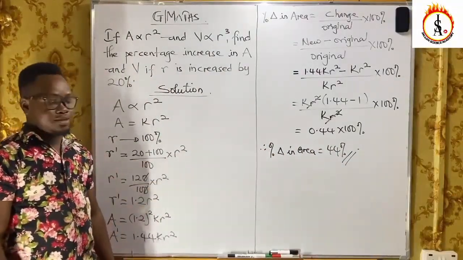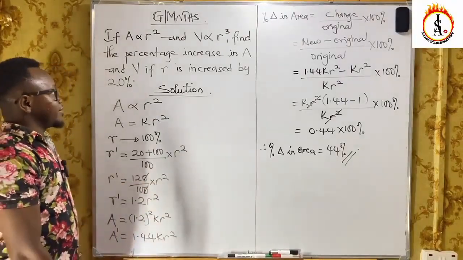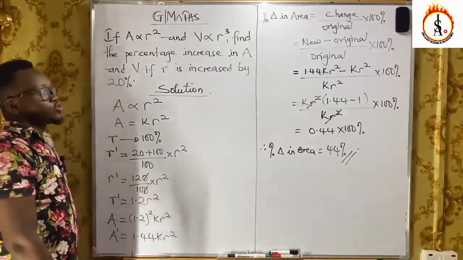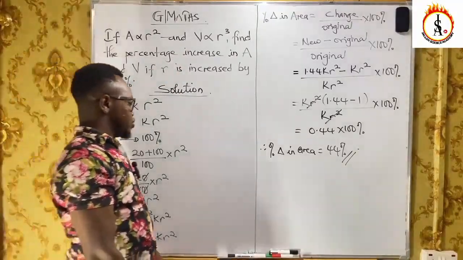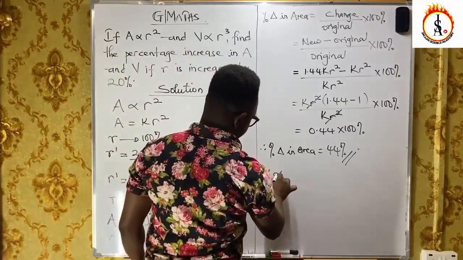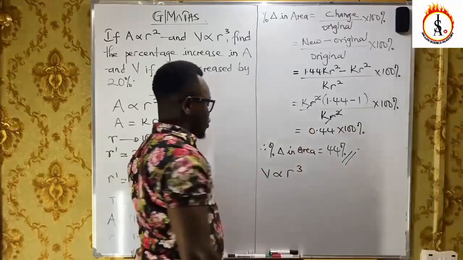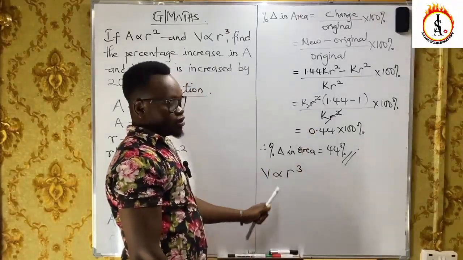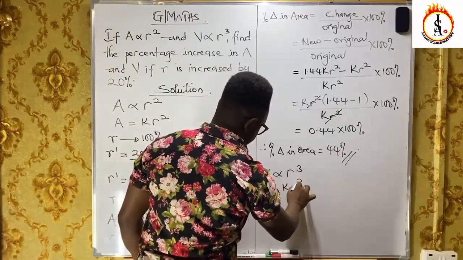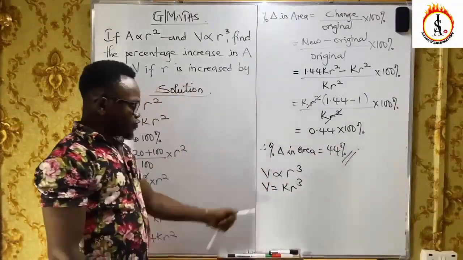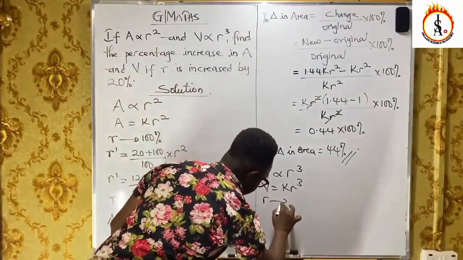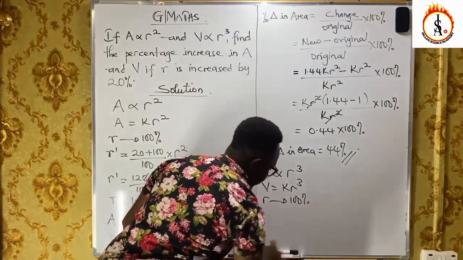So this is by how much the area increased in percentage. It is 44%. Okay, so this is for the area, and we are told that V is also proportional to R cubed. So V is proportional to R cubed. We try to get rid of this sign of proportionality and we introduce a constant. So V will be equal to KR cubed. The R stands at 100% before the increase.